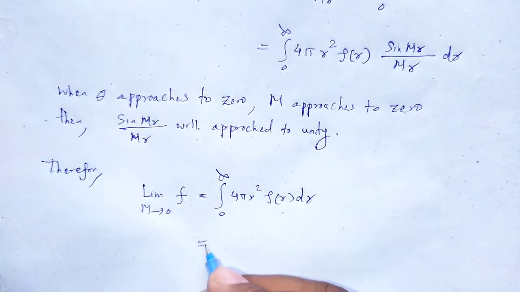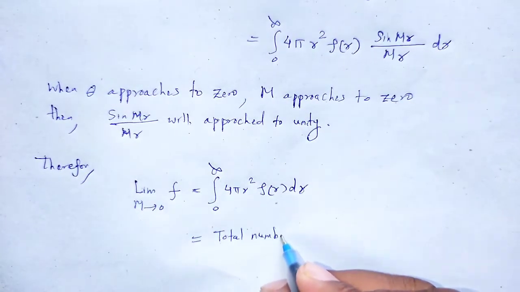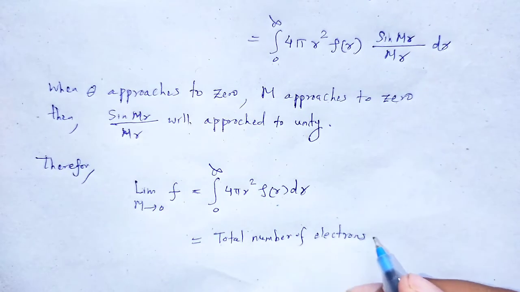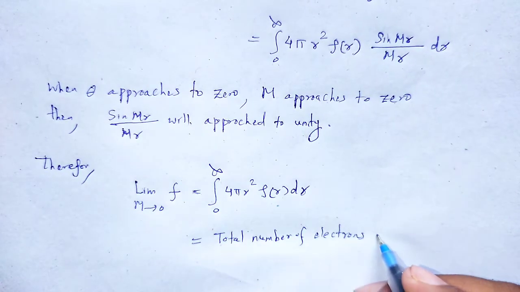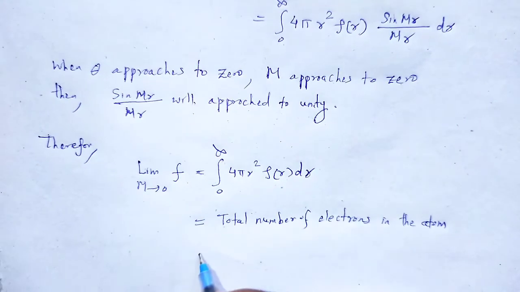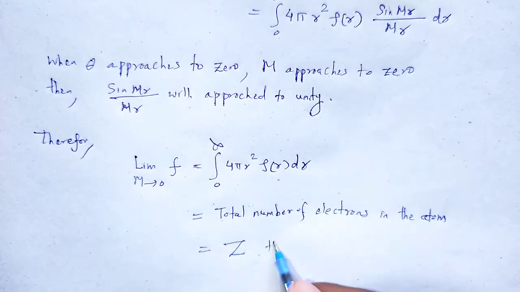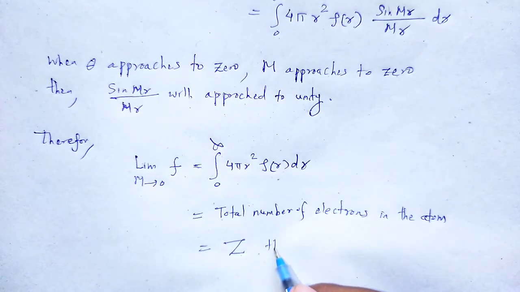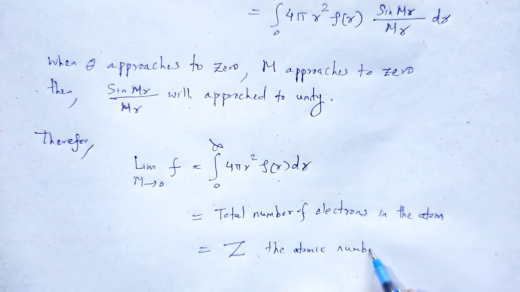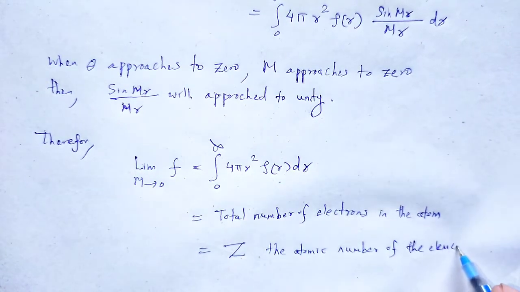That integral is nothing but the total number of electrons present in that atom, which is equal to Z, the atomic number of the element.